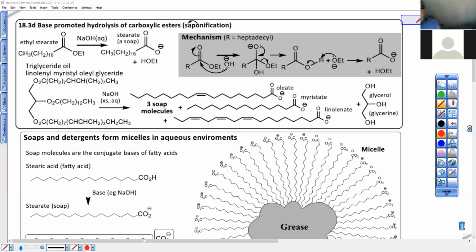So hydroxide attacks, you get an O-. And then you get this thing to come back, and this leaves. We could combine those two steps. I'll do it right here. OEt and hydroxide in green.